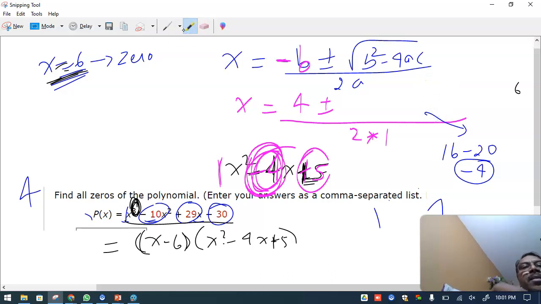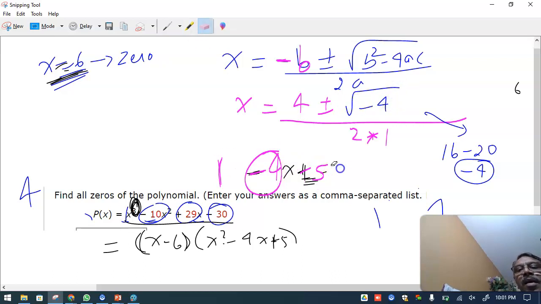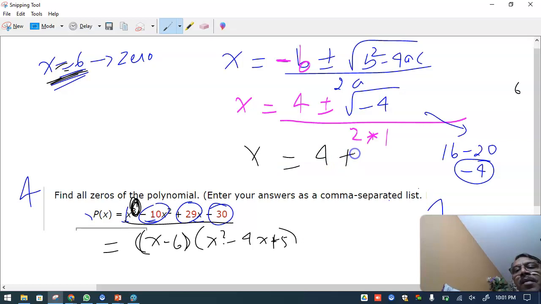So this will be the square root of negative 4, and directly we can write x equals 4 plus or minus the square root of minus 4, which is the same as the square root of 4 times i. Because it's a negative, you have to have an i, that will be 2i, divided by 2.